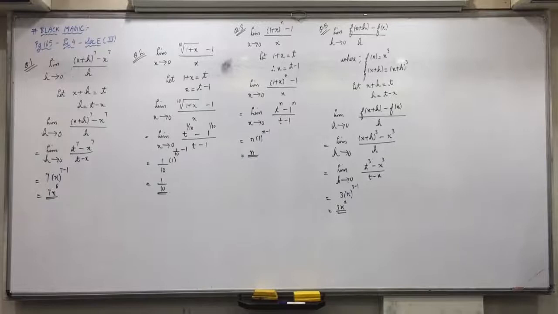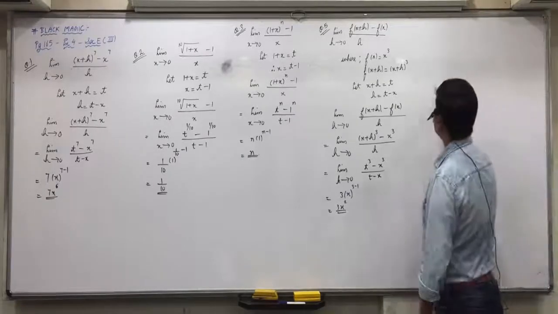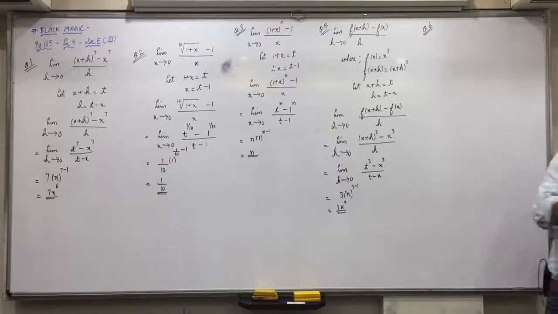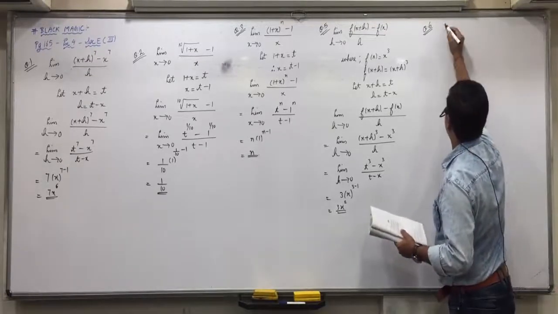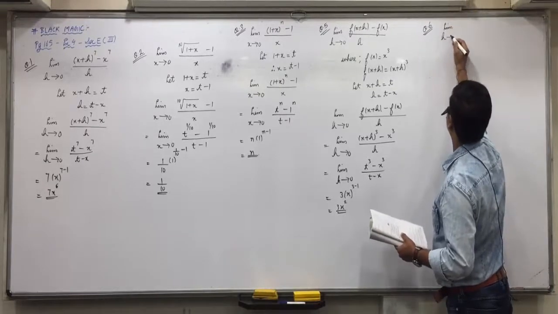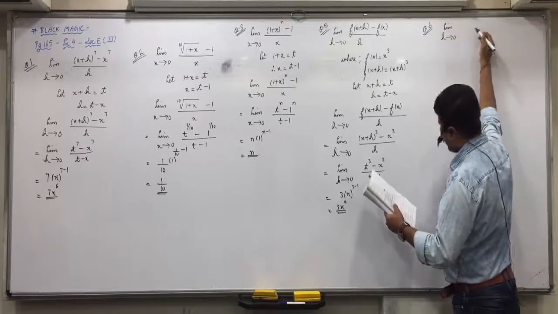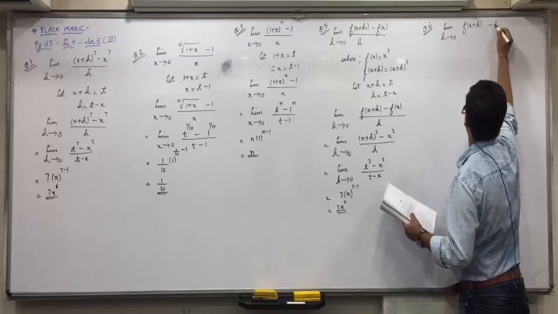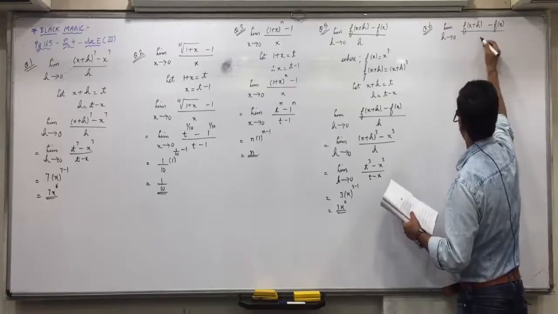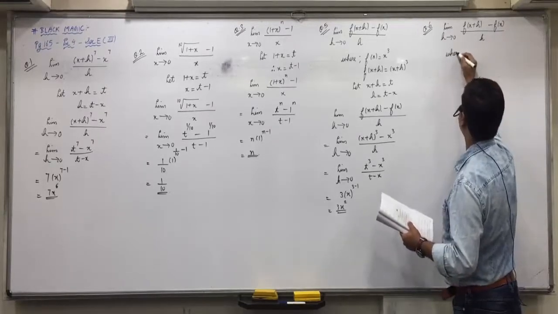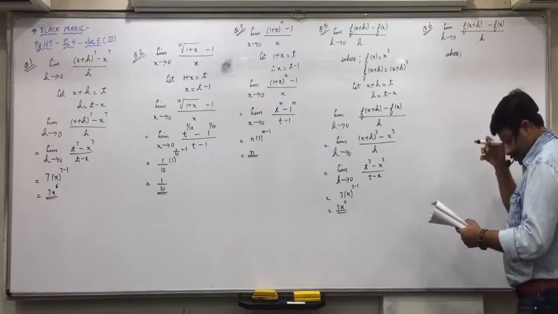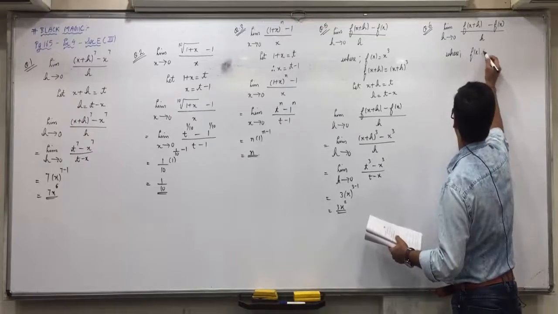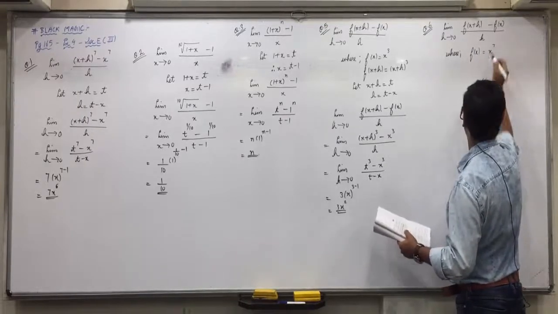Question 6. Limit h tends to 0, f(x + h) minus f(x) upon h, where f(x) equals x raised to 7.